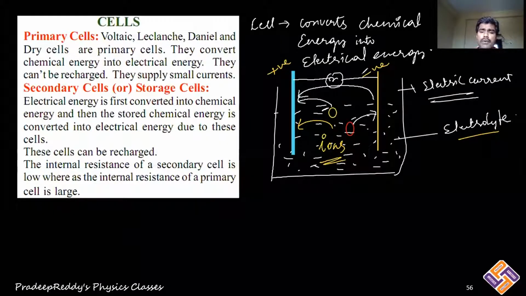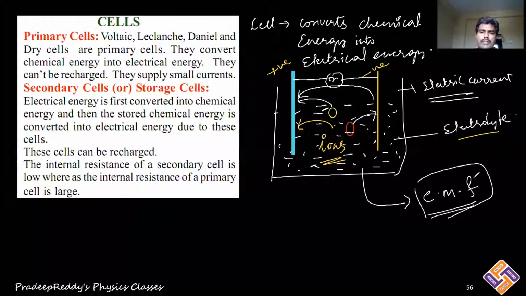If there is no wire connected between the positive and negative terminals, as ions are deposited on the positive terminal as well as the negative terminal, this whole cell is said to offer some electromotive force. That is, that cell has some EMF, electromotive force.